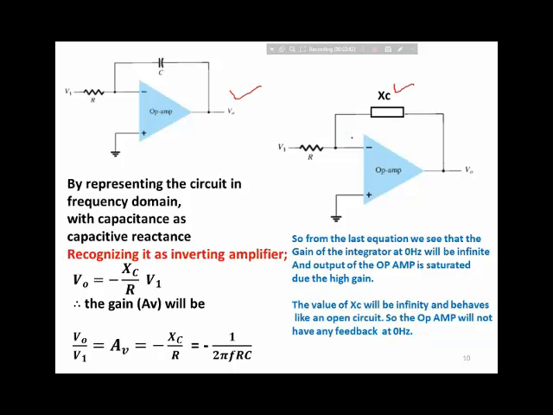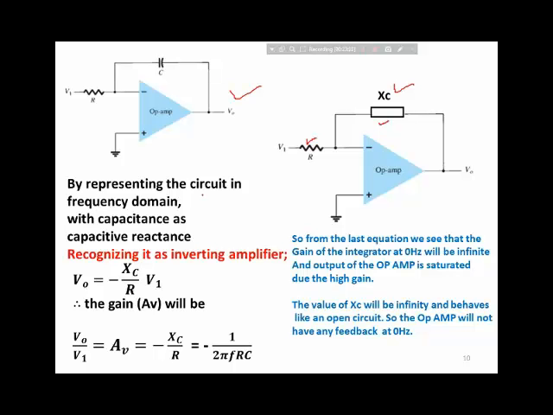So this circuit would look like an inverting amplifier with feedback reactance, and the input resistance as R. So the gain of this amplifier would be minus Xc over R. So output would be equal to gain times input, that is minus Xc over R into input.